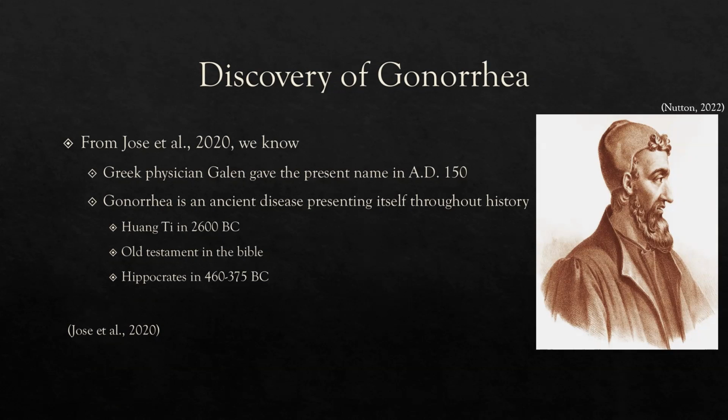We also see it mentioned in the Bible, in the book of Leviticus, as well as by Hippocrates, who called it strangury. So gonorrhea is a very ancient disease and has been around for a very long time, but the term gonorrhea was coined by our Greek physician pictured here.